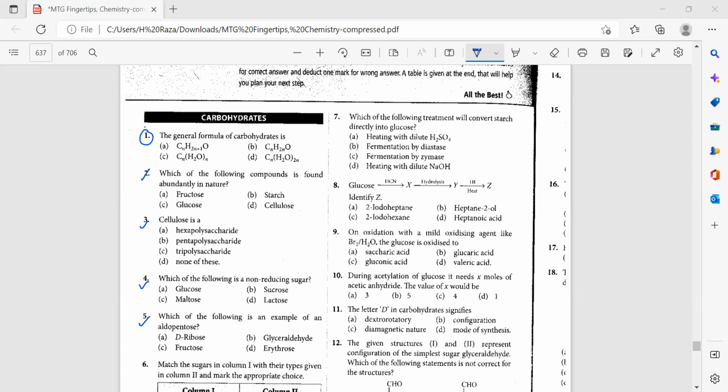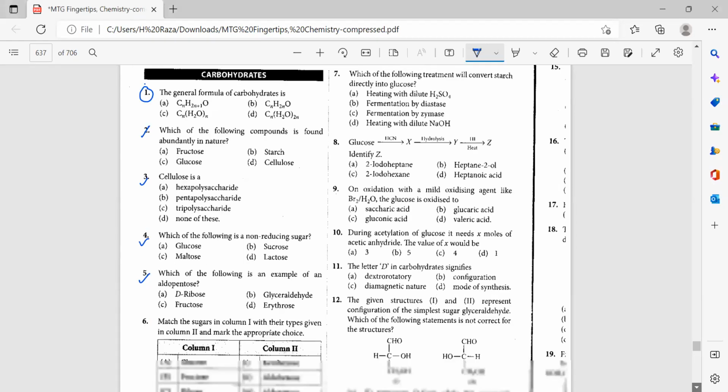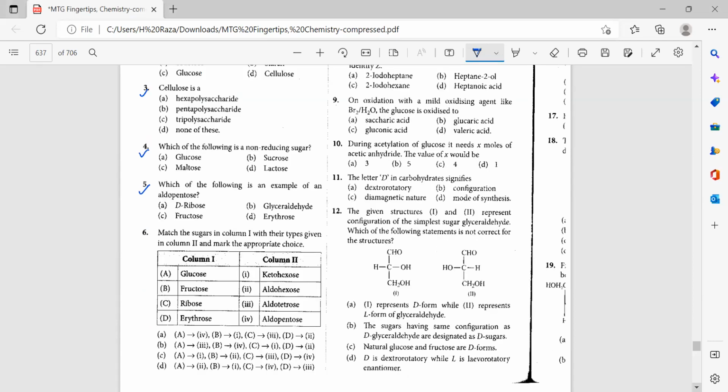Okay, question number 6. I'm going to scroll for you. Yes, this is question number 6, Alia. Please let me know when you are done with this.